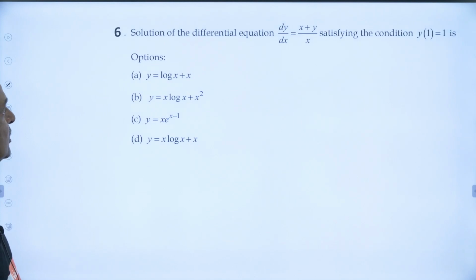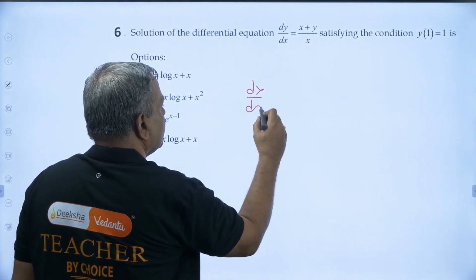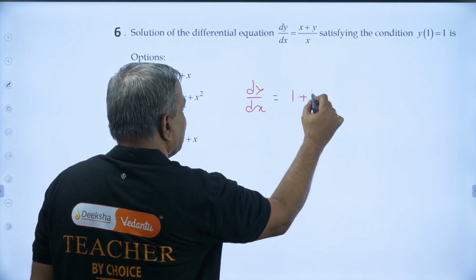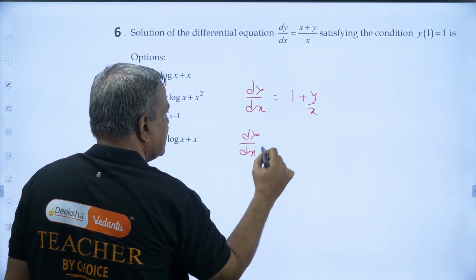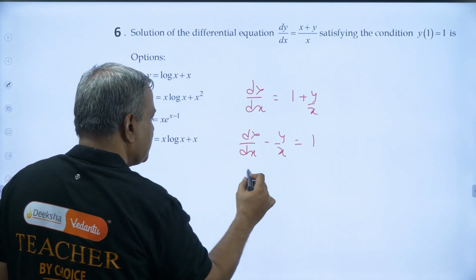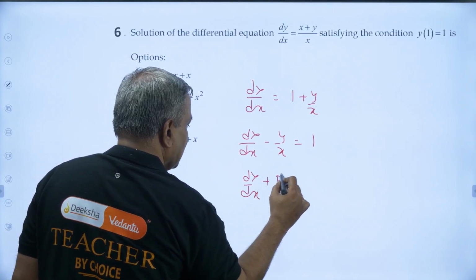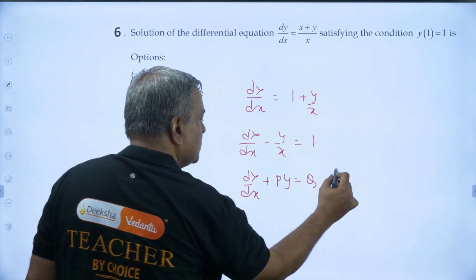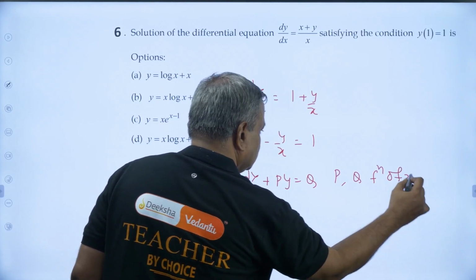Next one. Solve the differential equation dy by dx is equal to 1 plus y by x. You can treat it as a linear equation: dy by dx minus y by x is equal to 1. So what is a linear differential equation? dy by dx plus py is equal to q, where p and q are functions of x.